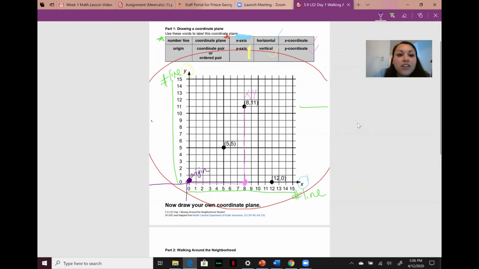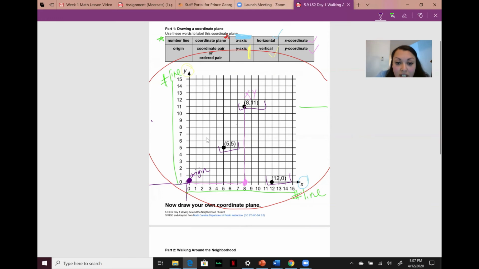Then the last word on our list is coordinate pair or ordered pair. We see that here, these are all coordinate pairs or ordered pairs. How they're written is always X and then Y. So we write our X coordinate and then our Y coordinate. That means we go across and then up in this case. So we go horizontally and then vertically.